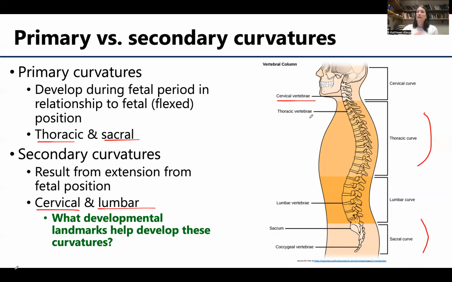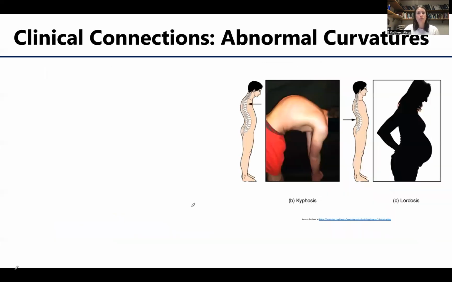Well, eventually they can hold that big head up on their own, and that's going to cause the development of this secondary cervical curvature. What about in the lumbar region? What's something that happens a little bit later, but still fairly early on? In terms of walking, that lumbar curvature will develop around that time, as those muscles in that region get stronger.